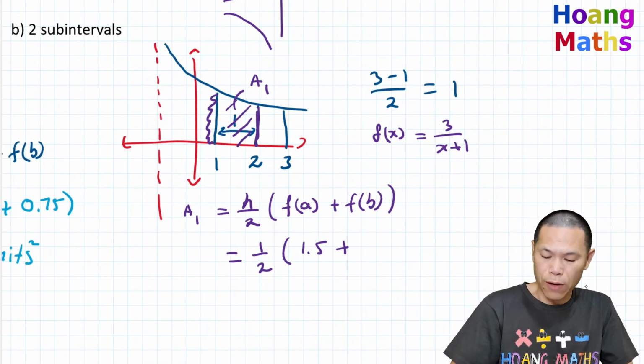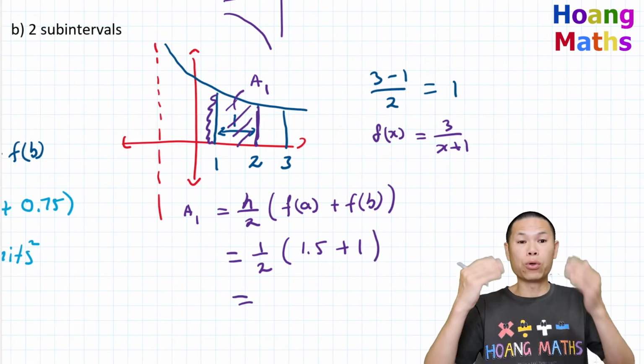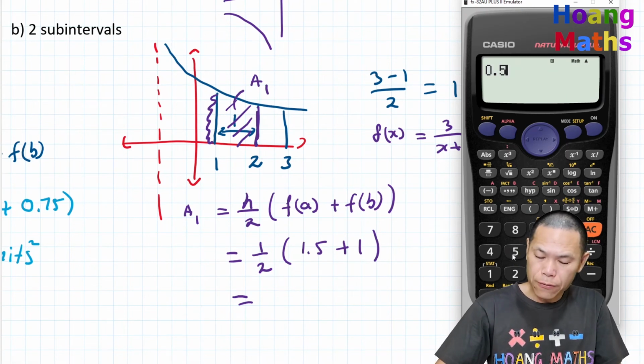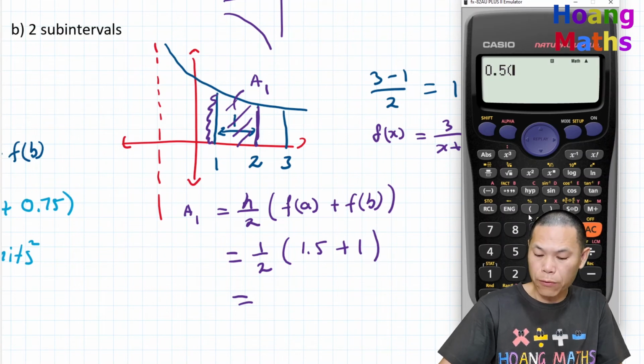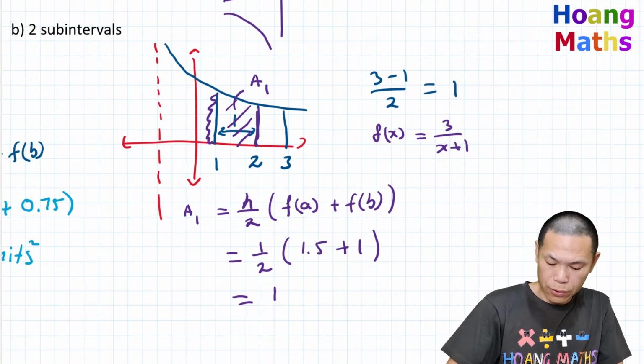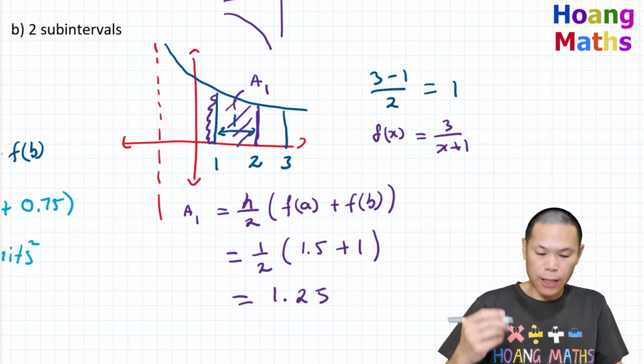So therefore, the function is 3 over 3, which is 1. There you go. And I just put that on a calculator. So I just go 0.5, because a half is 0.5, bracket 1 plus 1.5 is 2.5. Close bracket. So 1.25. So that is the first area.